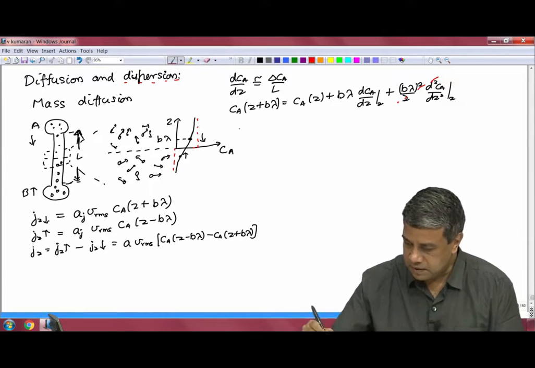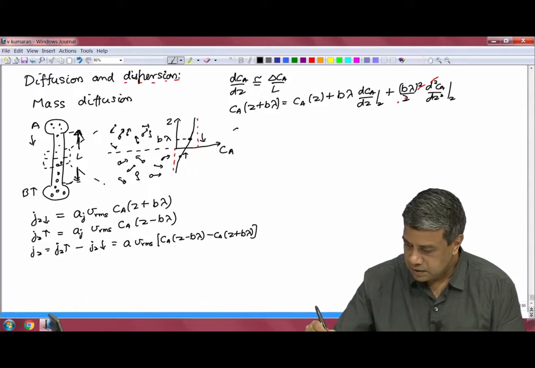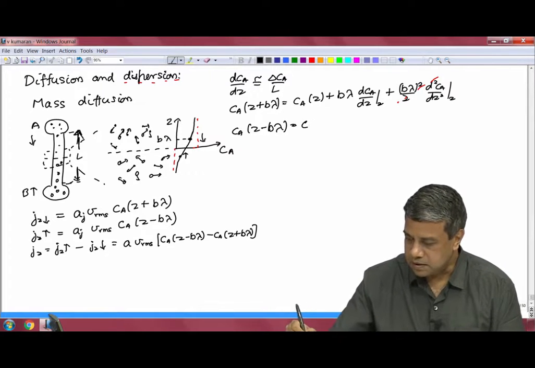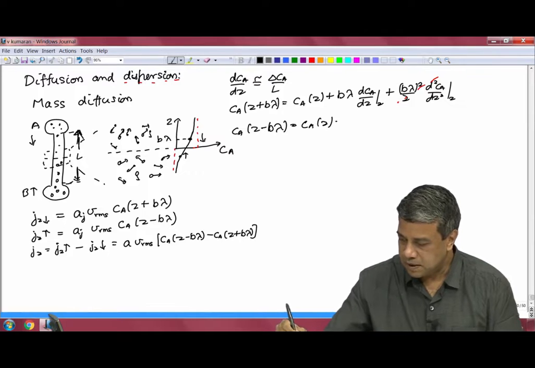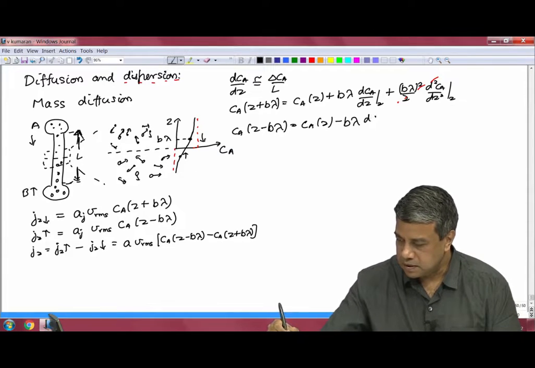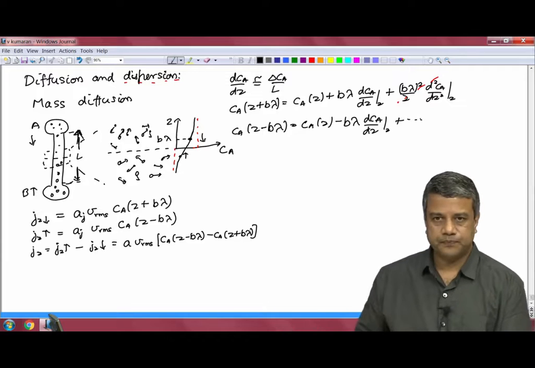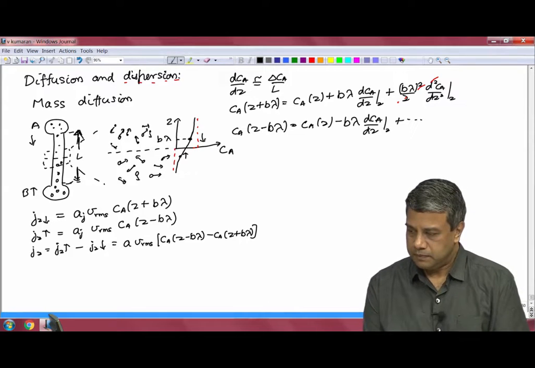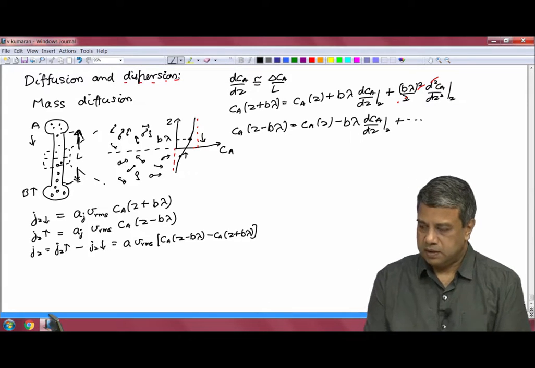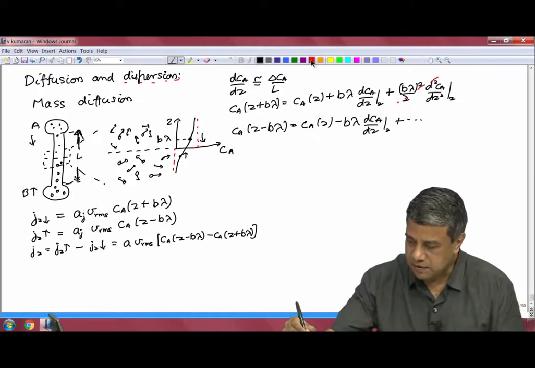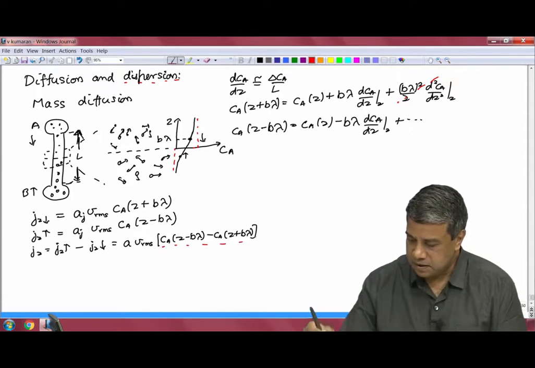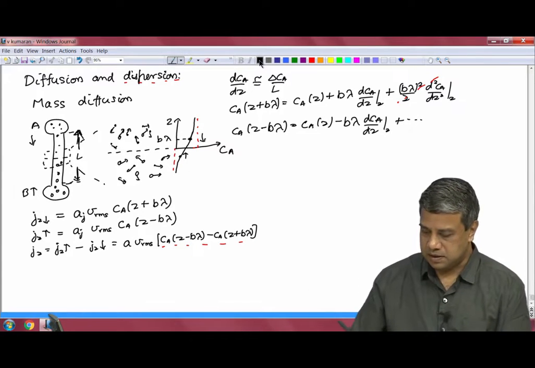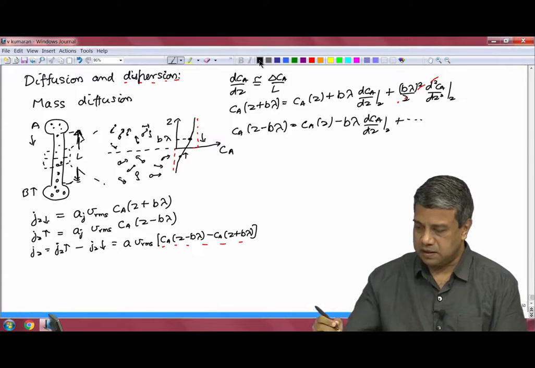In a similar manner, C A at z minus B lambda is equal to C A at z minus B lambda d C A by d z at z plus etc. And in here I have the difference between C A at z minus delta z and C A at z, and you can see that when I take the difference between the two, I just get minus 2 B lambda.